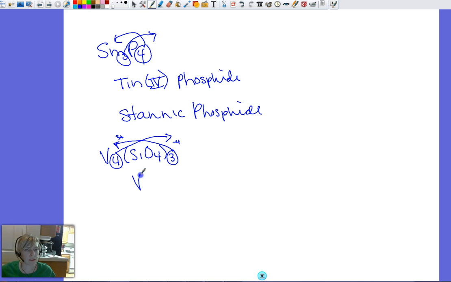So we have vanadium, and there's only one, so for vanadium it's always 3 plus, so we don't need to write anything else. And then SiO4 is called silicate. So we have vanadium silicate.